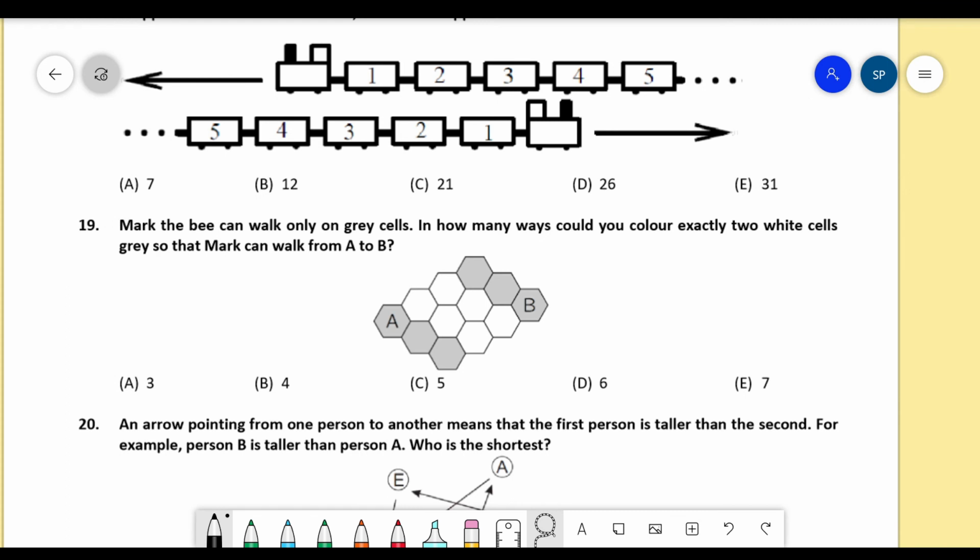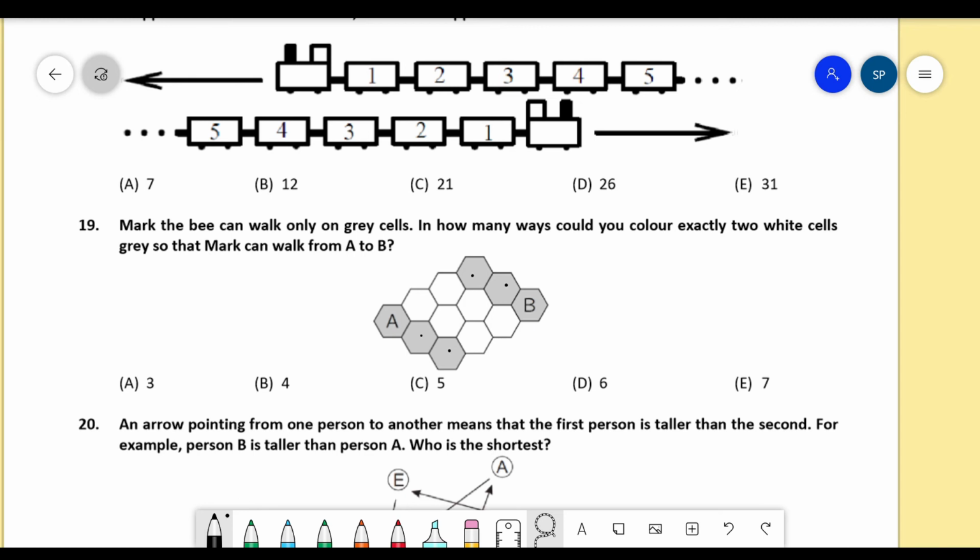19. Mark the bee can walk only on gray cells. In how many ways could you color exactly two white cells gray so that Mark can walk from A to B? Okay, so Mark can walk on all gray squares. That means this one, this one, this one, this one, all of them.